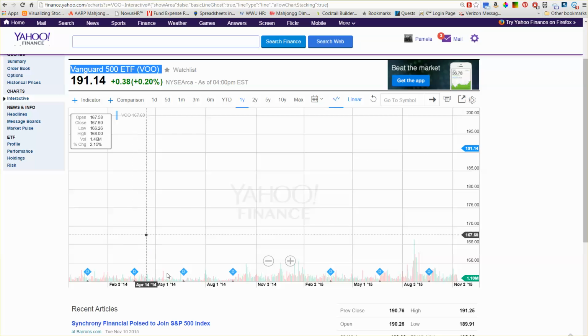I would pay the taxes on the dividends that were paid in 2014. I would actually pay those when I filed my 2014 income tax form. I would pay the taxes on the dividends that I received in 2015 when I file my 2015 income tax form, which will be in 2016.